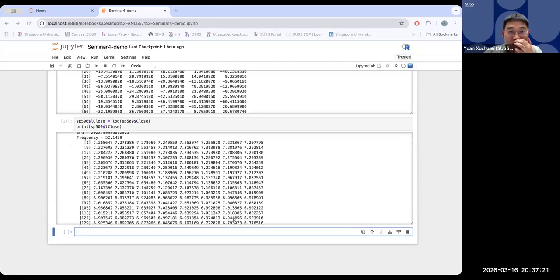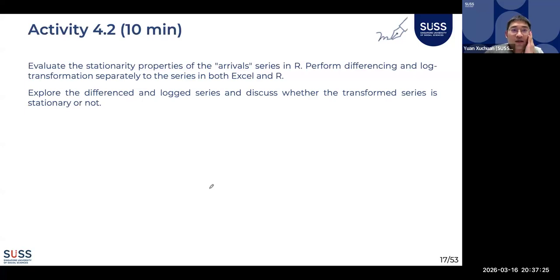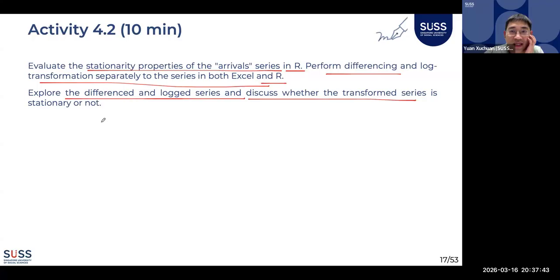Let's go back to the slide. So let's look at the stationary property of the arrivals series and perform differencing and log transformation to the series in R, and explore the differenced and logged series and discuss whether the transformed series is stationary or not.